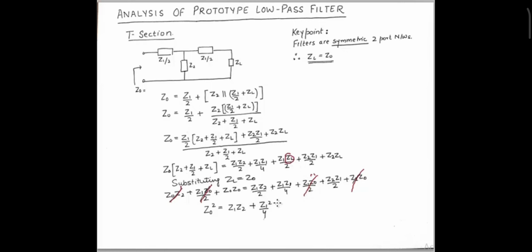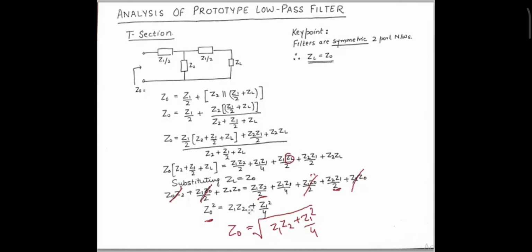And finally what we are left with is Z0 square on this side and Z1 Z2 because there are two of them, Z1 Z2 by 2, Z1 Z2 by 2, and then Z1 square by 4. And finally you get Z0, which is the characteristic impedance, to be equivalent to square root of Z1 Z2 plus Z1 square by 4. And you see this formula written everywhere in the books as the starting point of derivation of a prototype low pass filter. So that is how we get to this point.